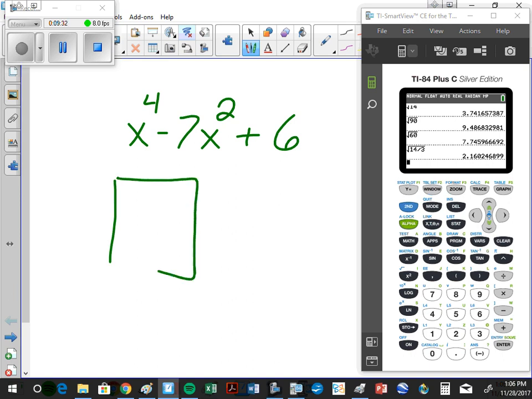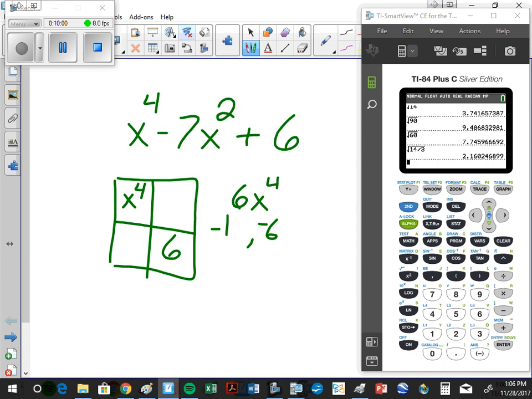I draw the box, and now I put in x to the fourth and 6, and I multiply those together, and I get 6x to the fourth. Are there factors of 6 that add to be negative 7? So it's negative 1 and negative 6. But it's not really just negative 1.